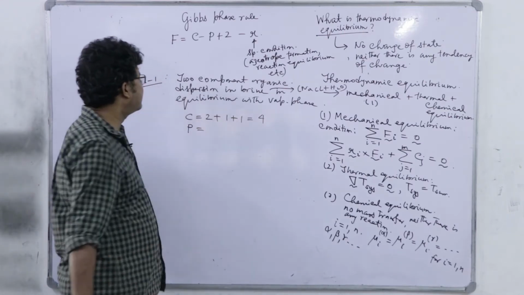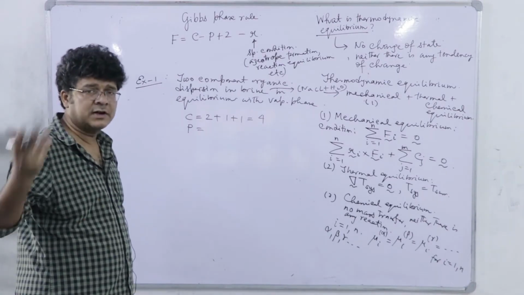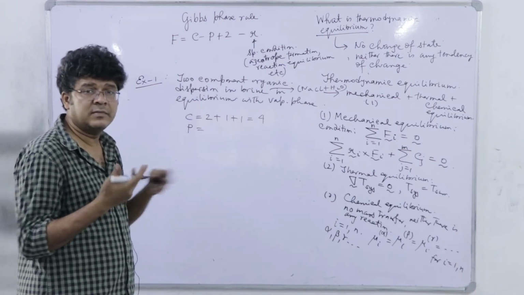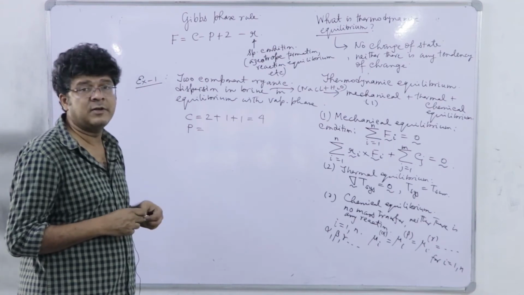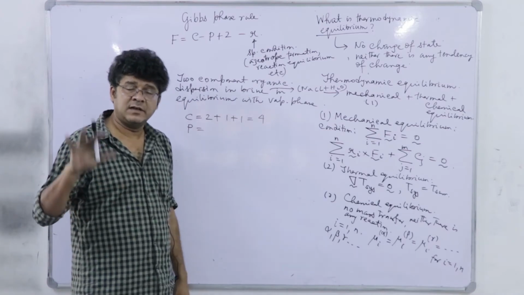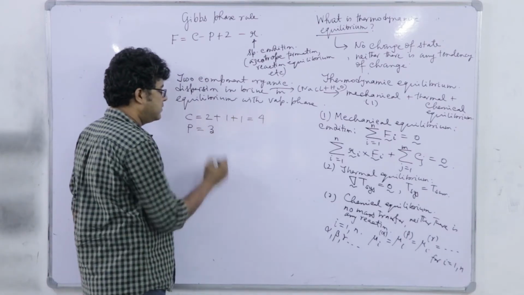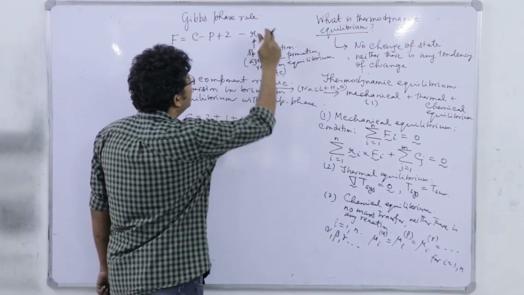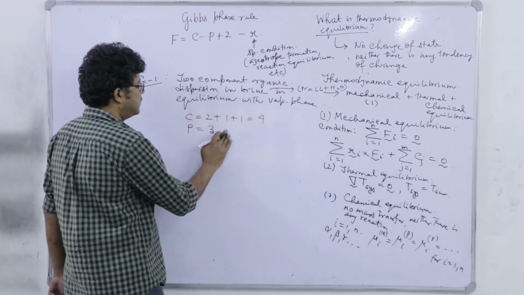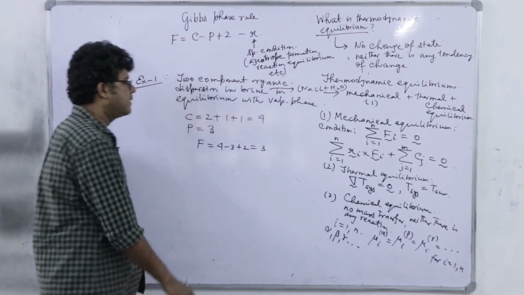For the number of phases, the organic phase will be a liquid phase, and the water or brine will be another liquid phase. The organic may have some limited miscibility in water, and water may have limited miscibility in the organics. Additionally we have a vapor phase. So, two phases are liquid and one is vapor, and the total number of phases is 3. We have no additional restrictions or special conditions here. So, the degrees of freedom F is equal to 4 minus 3 plus 2, which is 3, correct.